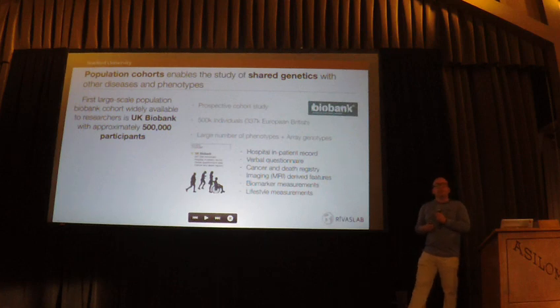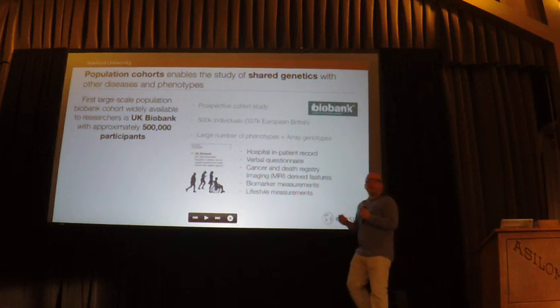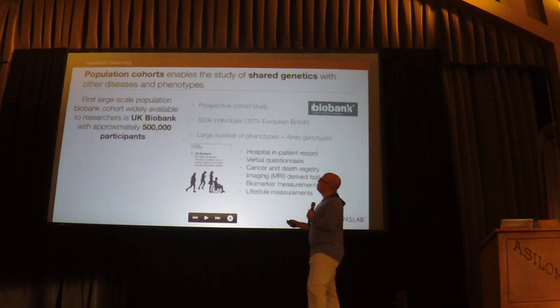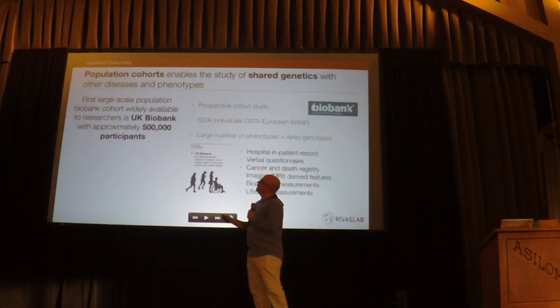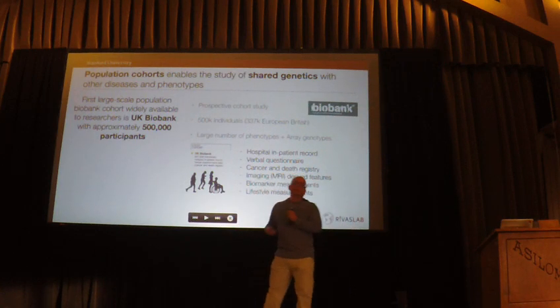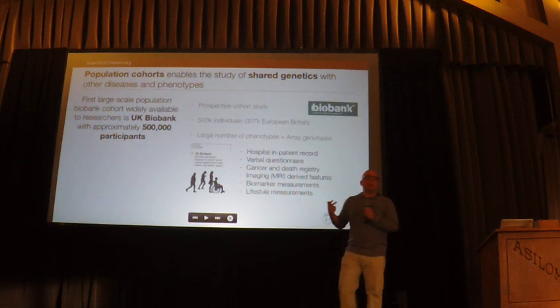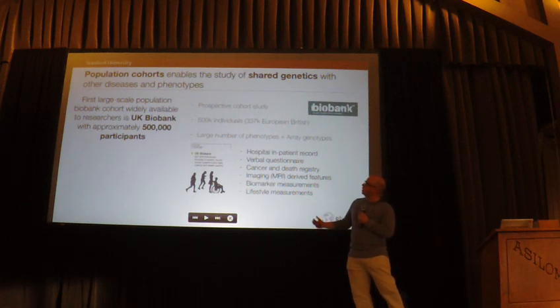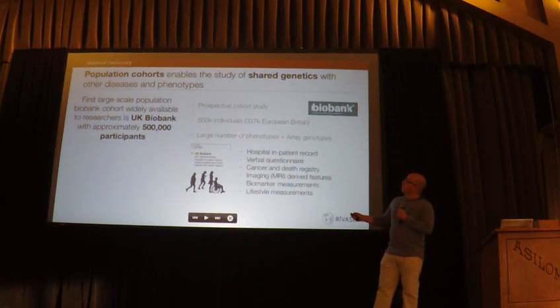So just to give you a big background of this data set, the UK Biobank data has approximately 500,000 participants. It's a population biobank cohort that's available to any bona fide researcher in the world. About 330,000 individuals of the 500,000 data set are European British. It has a large numbers of phenotypes and genetic data.